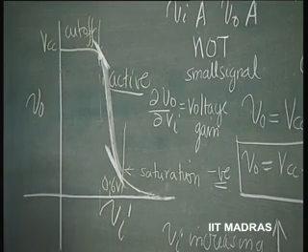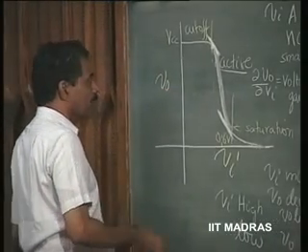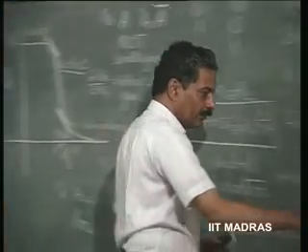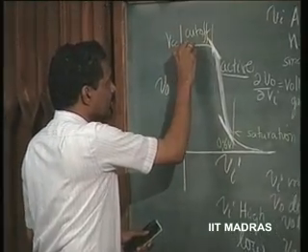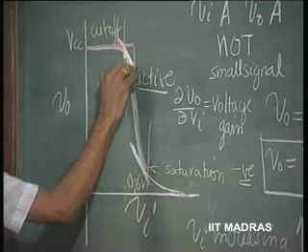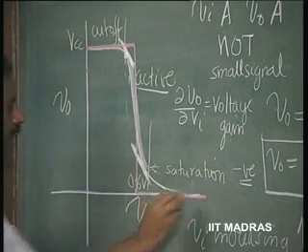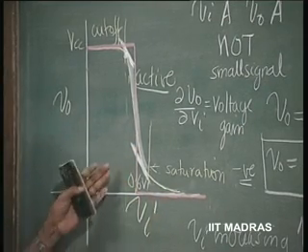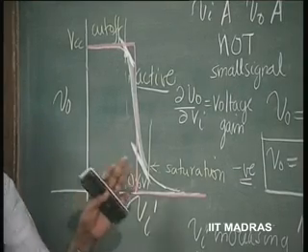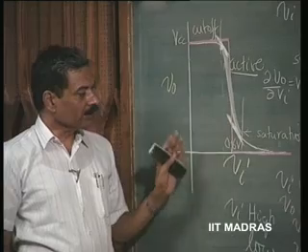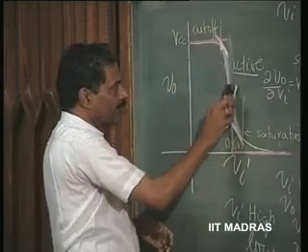Let us now compare it with an ideal inverter. If this is VCC, exactly at VCC by 2, the transition will not take place at 0.6. It will have equal noise margin for both 1 and 0. So, at exactly VCC by 2, this transition should take place and it should be abrupt.